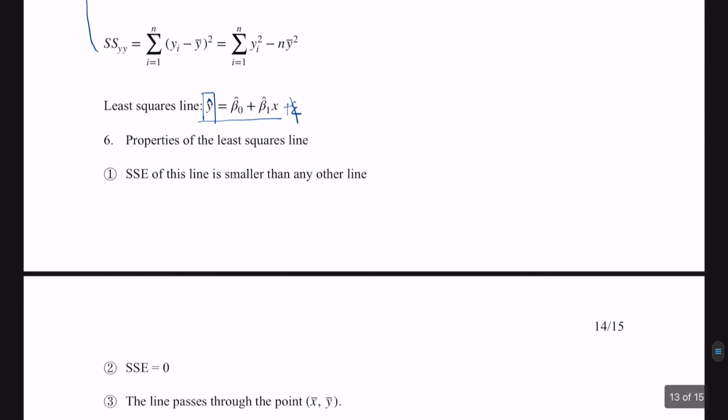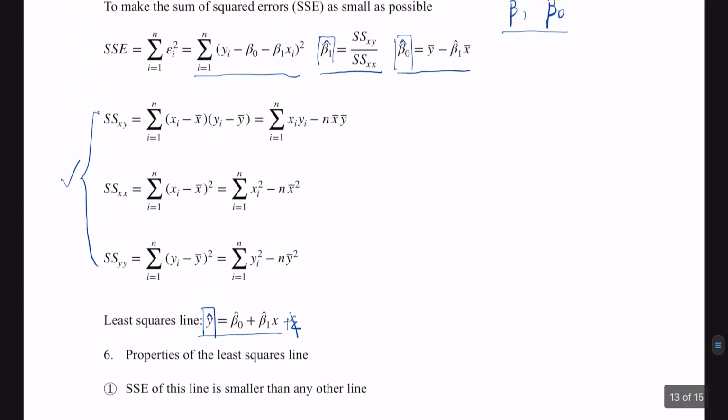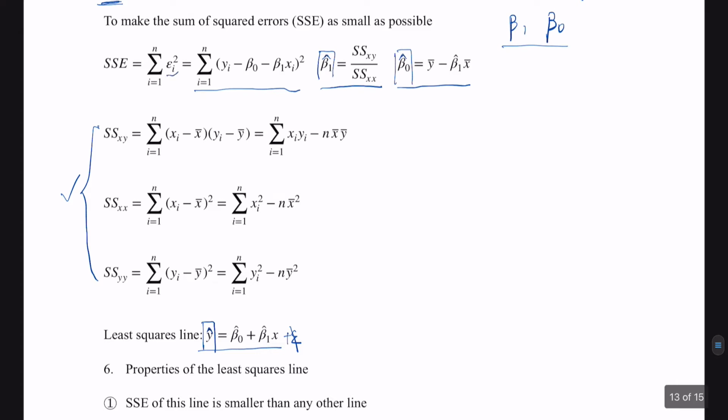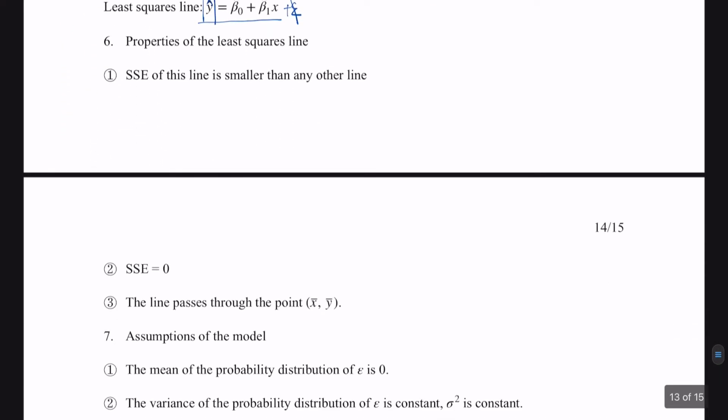And the second property is that the SSE is bigger than or equal to 0. Pay attention that the SSE is equal to the sum of the squared random errors, so it's always bigger than or equal to 0. And moreover, SSE equal to 0 does not mean that the sum of all the random errors equals 0.